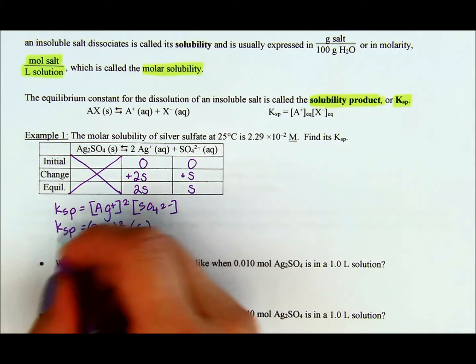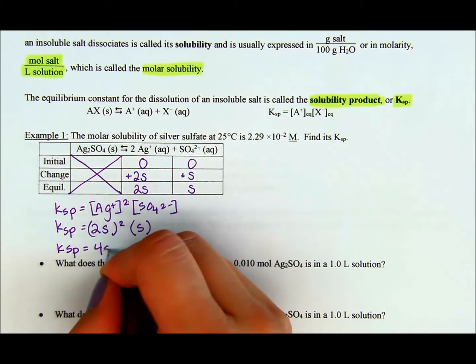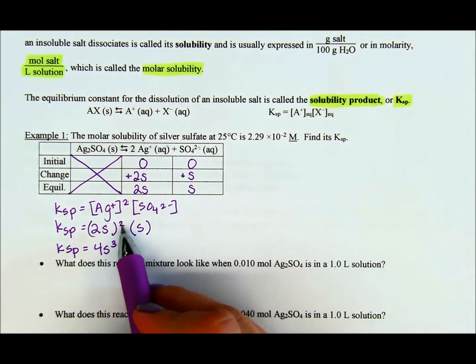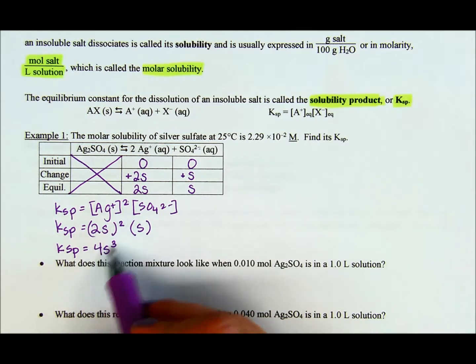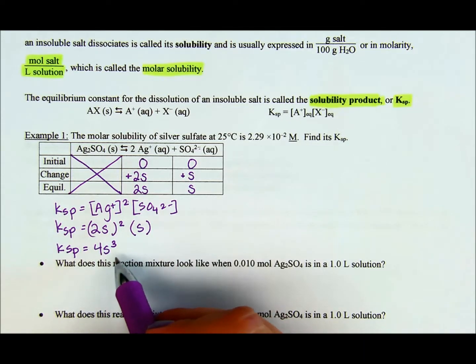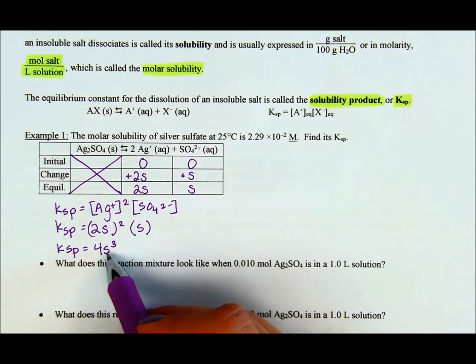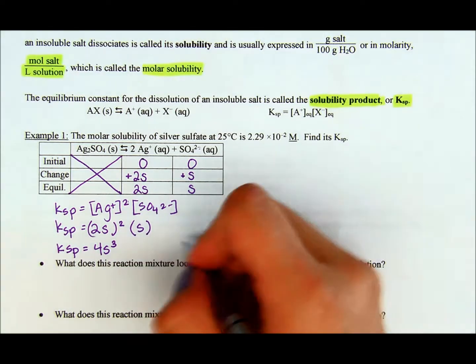Combining like terms, our KSP equals 4S cubed. Make sure you carry this 2, so 2 squared is 4, and 2 plus 1 is 3, so that's 4S cubed. That's our KSP. Now we can plug in a number for S and figure out what our KSP is.